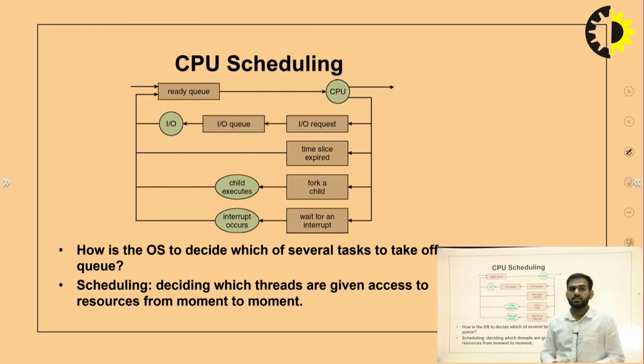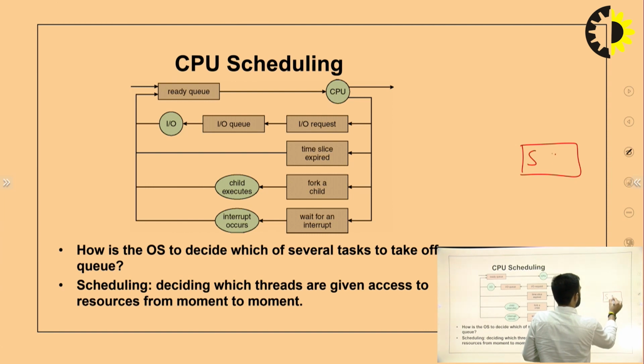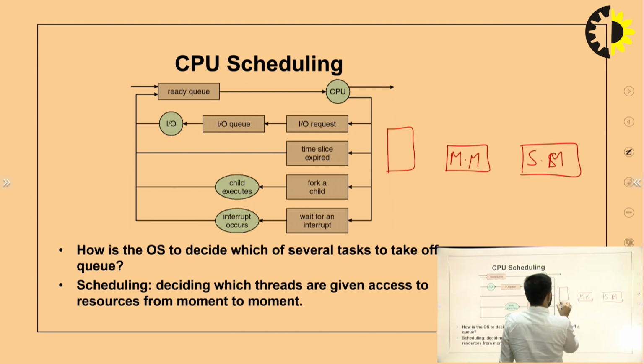Now, first understand how CPU scheduling works. Let's say when a process comes from secondary memory to main memory, there are two memory areas. This is the secondary memory, this is the main memory, and this is the CPU.